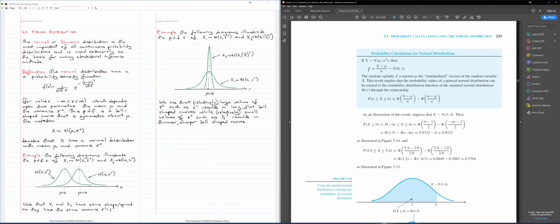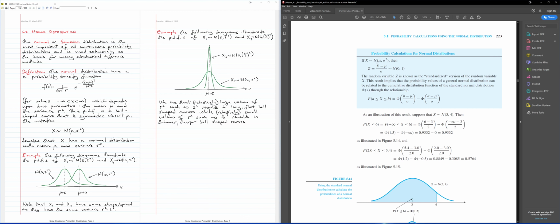I will talk about how you get this conversion, but for the time being, we want to calculate values. Anyway, this is how you would do the standardization, the conversion.